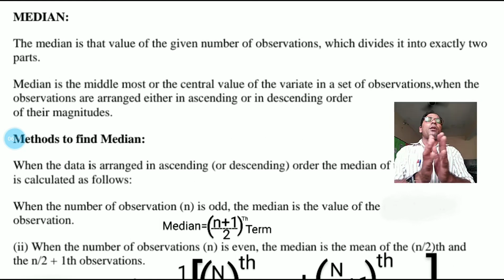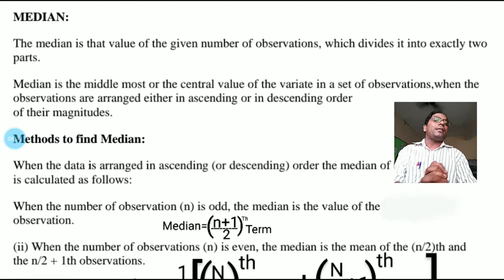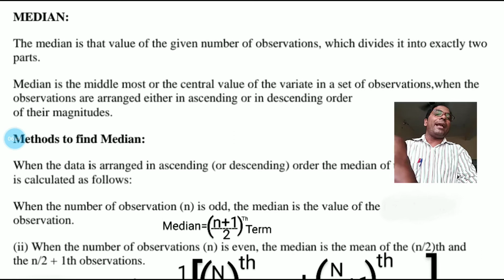It is the middle term of the observations. Observations are given and you have to find the middle term of the observations, and that is called the median. Next, median is the middlemost or the central value of the variate in a set of observations when the observations are arranged either in ascending or in descending order of their magnitudes.